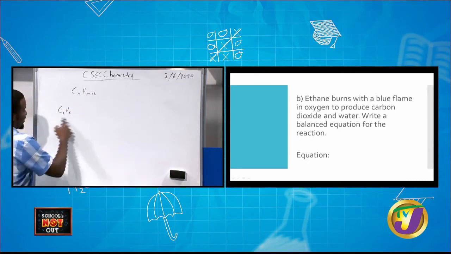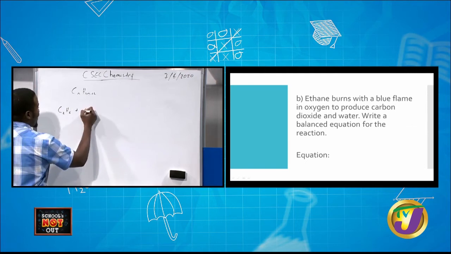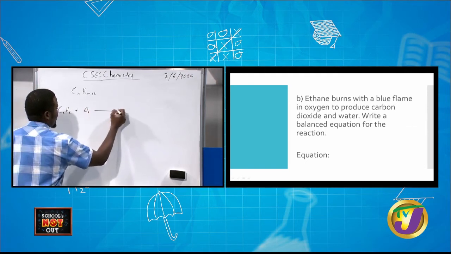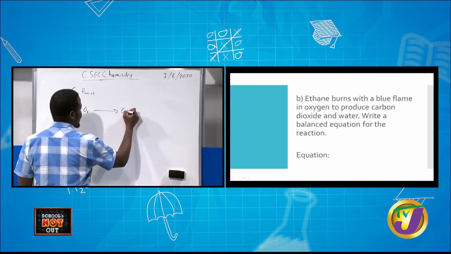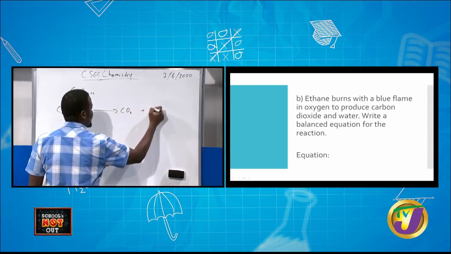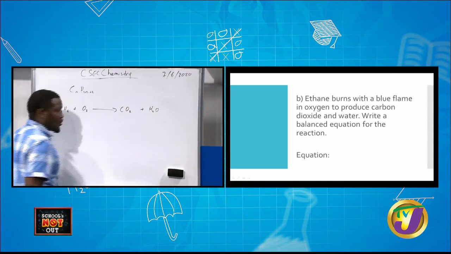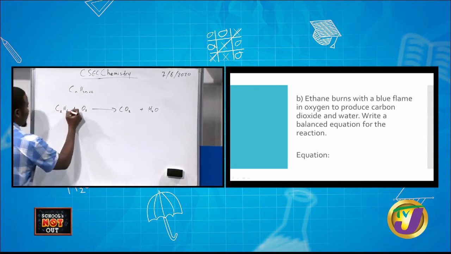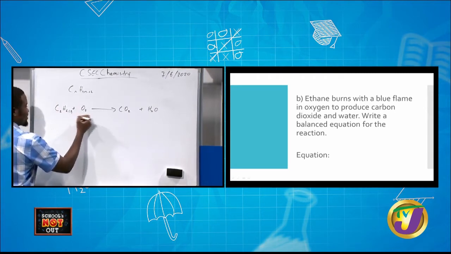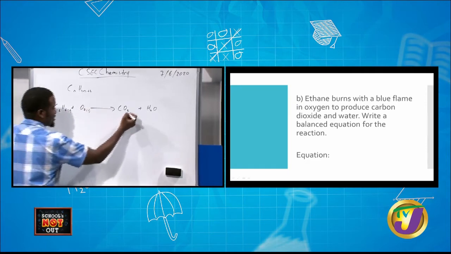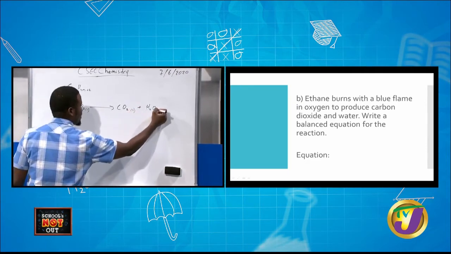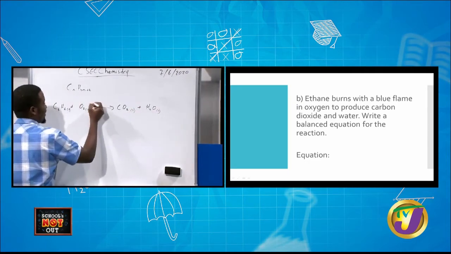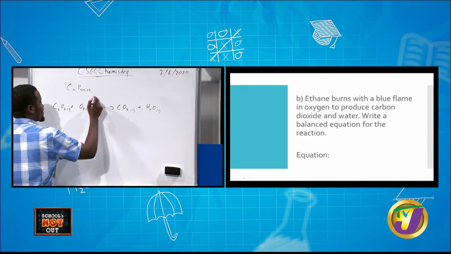So ethane plus oxygen will give you carbon dioxide and water. Now we need to remember our state symbols. A lot of times we leave off our state symbols. All right, so it's a gas, gas, gas, and gas. All right, and we're applying some heat.